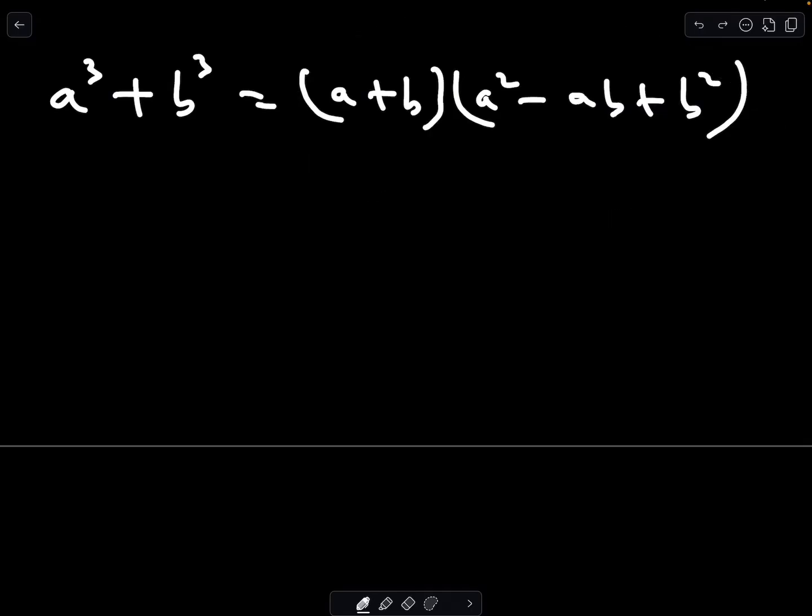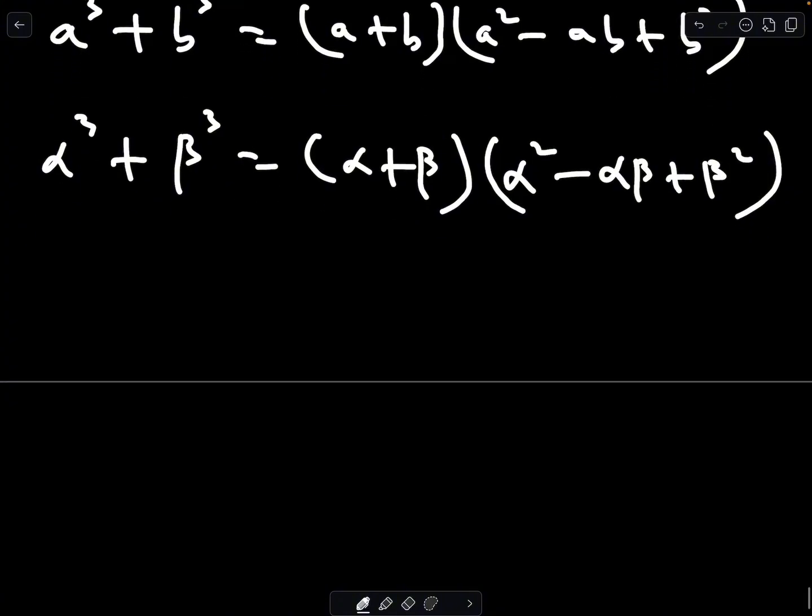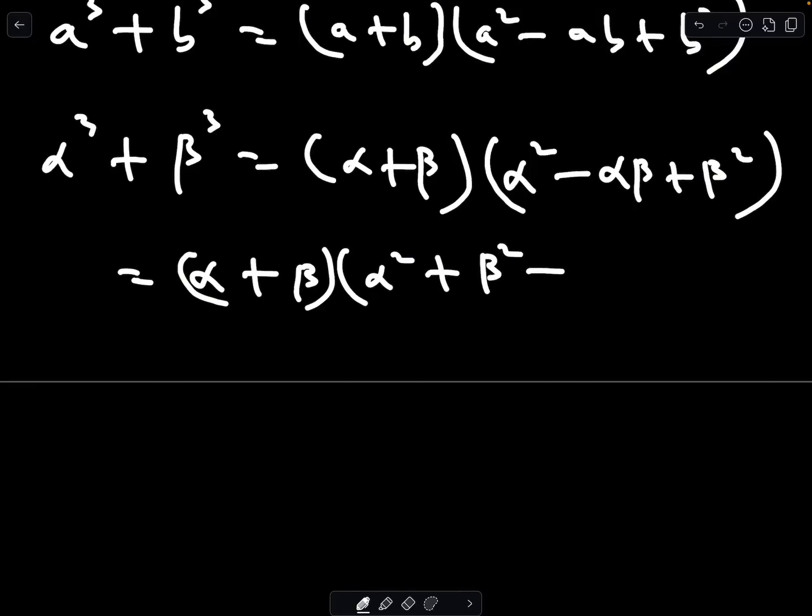So that simply means alpha cube plus beta cube will also be the same as alpha plus beta times alpha square minus alpha beta plus beta square. And that's the same as alpha plus beta times alpha square plus beta square minus alpha beta. That's just rearranging the whole of this.